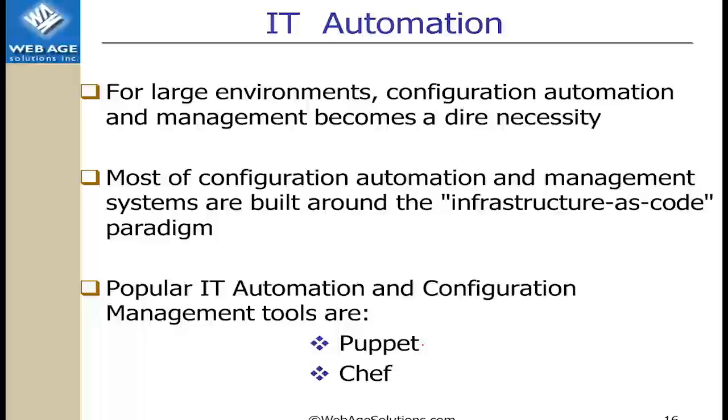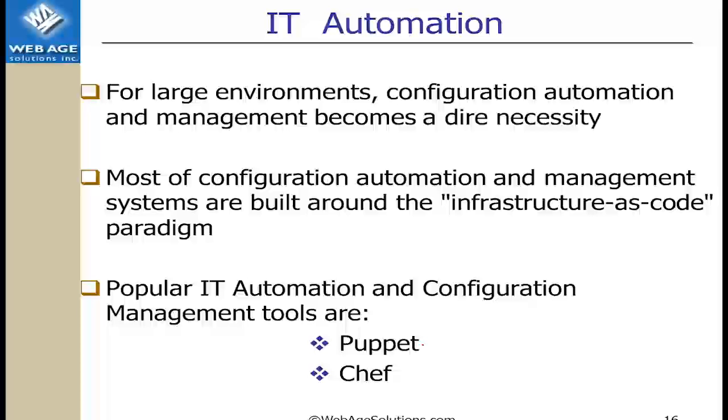IT automation becomes very important when your cluster or your supported sites, your infrastructure, reaches a certain number of nodes or level of entropy where you would like to bring some order.